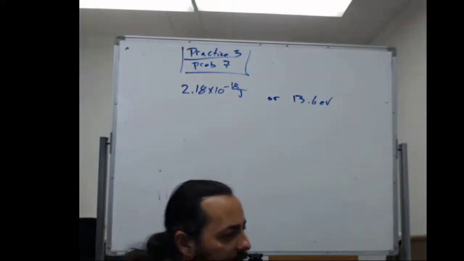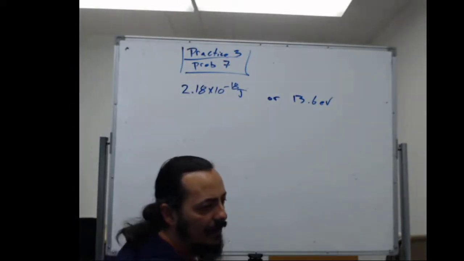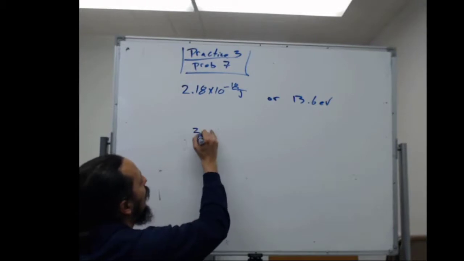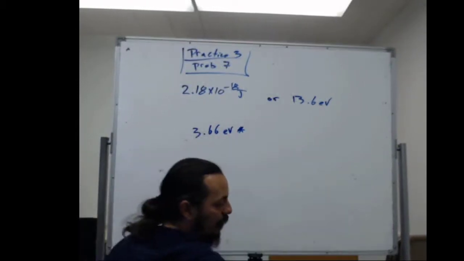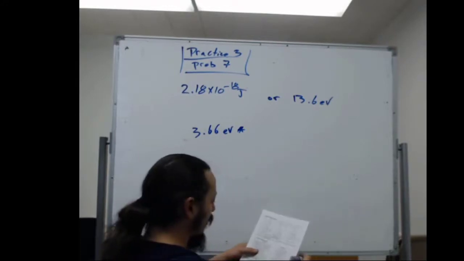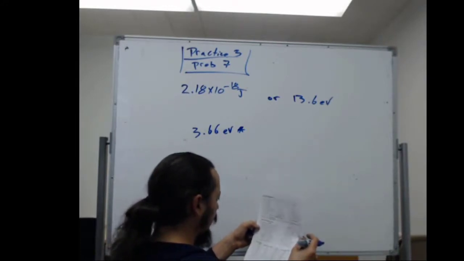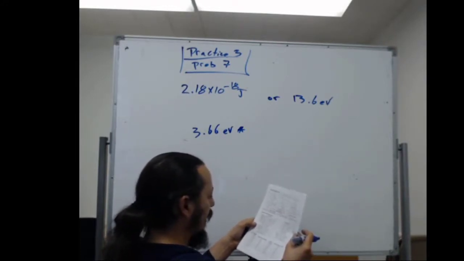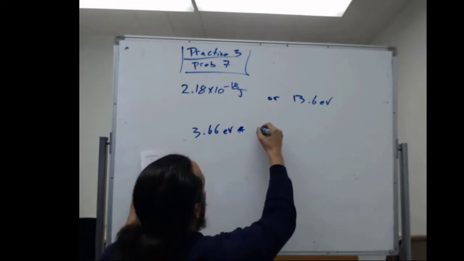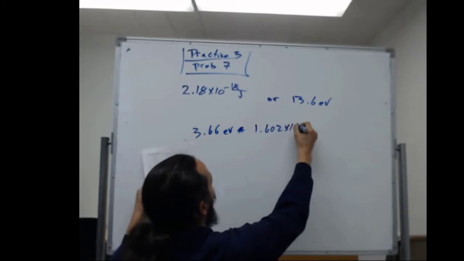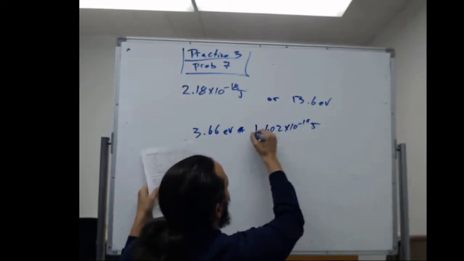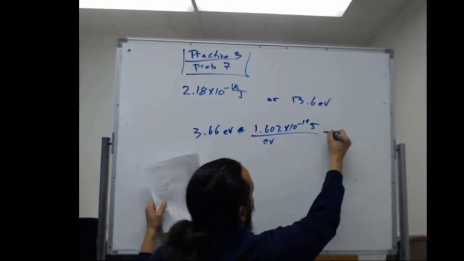Now I might have different numbers than you, but I've got 3.66 electron volts. I'm going to use my conversion factors to get electron volts to joules. It's somewhere on here. There it is. I've got 1.602 times 10 to the minus 19 joules per electron volt.